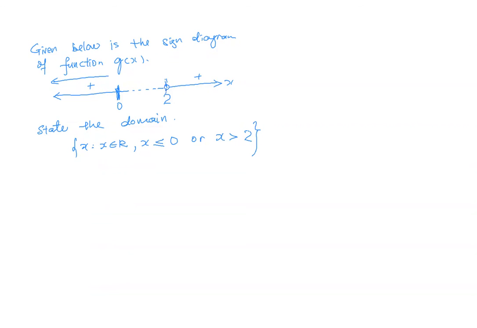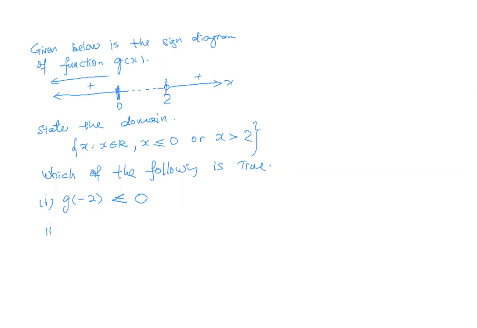Then I can also ask you, which of the following is true? Number 1, g of negative 2 is less than or equal to 0.